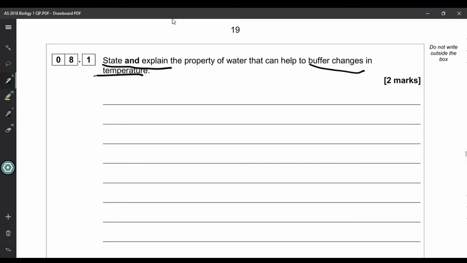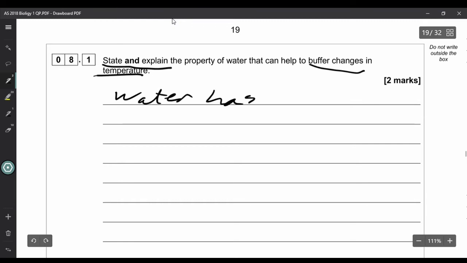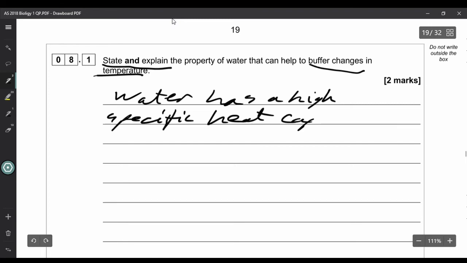So if we just write that in a way that is concise, we can say the water has a high specific heat capacity, so that will give us the mark for stating the property of water.